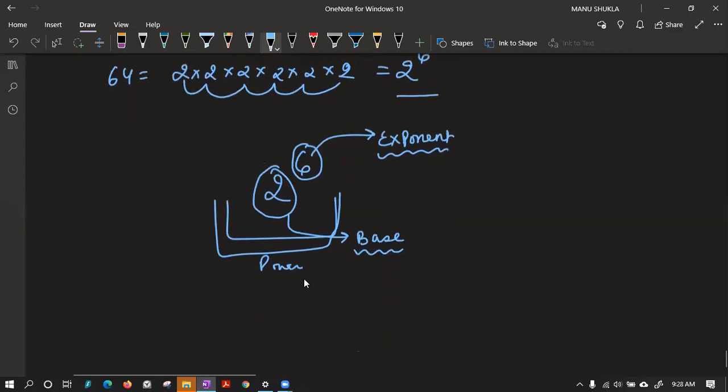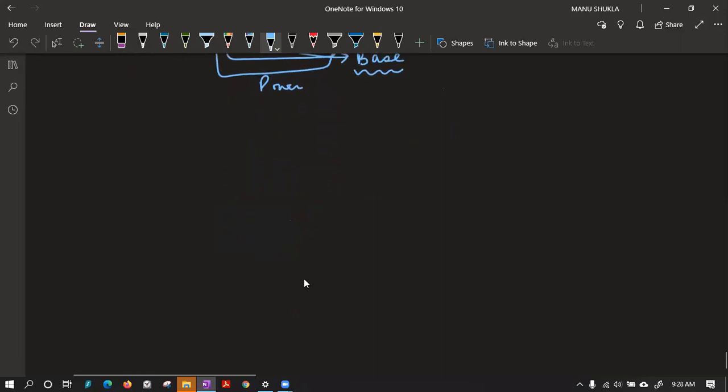Okay, Moksha, I'm telling you, wait. Suppose we have 3 power 7, this number. In this also, this 3 is what? Class, please tell. The 3 is your base and 7 is your exponent.